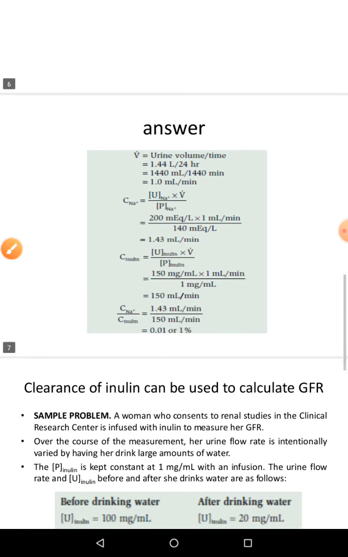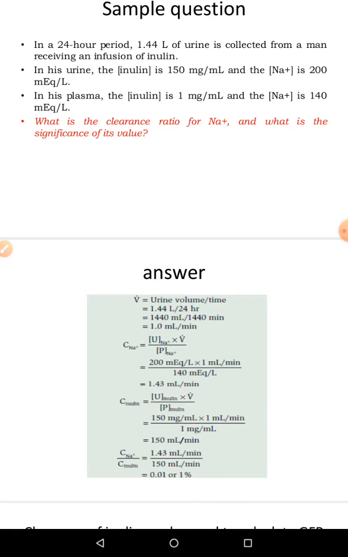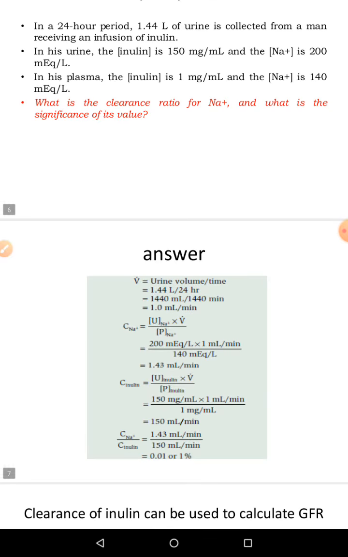Okay. So there's a question, what is the significance of its value? Since the clearance ratio for sodium is less than 1, it means that the clearance of sodium is lower than the clearance of inulin.